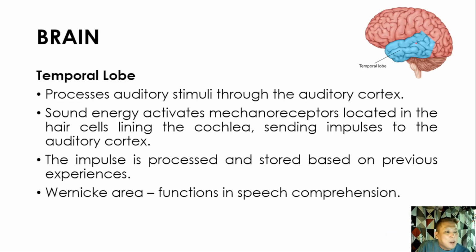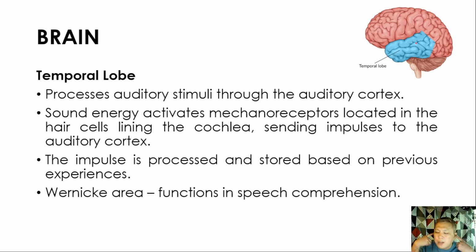Ano pa daw? Temporal lobe, sabi naman dito, process auditory stimuli through your auditory cortex. So, yung hearing natin. Diba? Sound energy activates mechanoreceptors located in the hair cells lining of the cochlea, sending impulses to the auditory cortex.